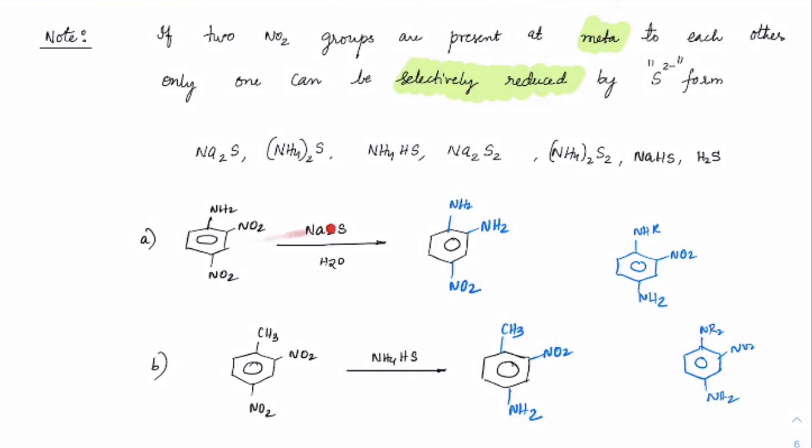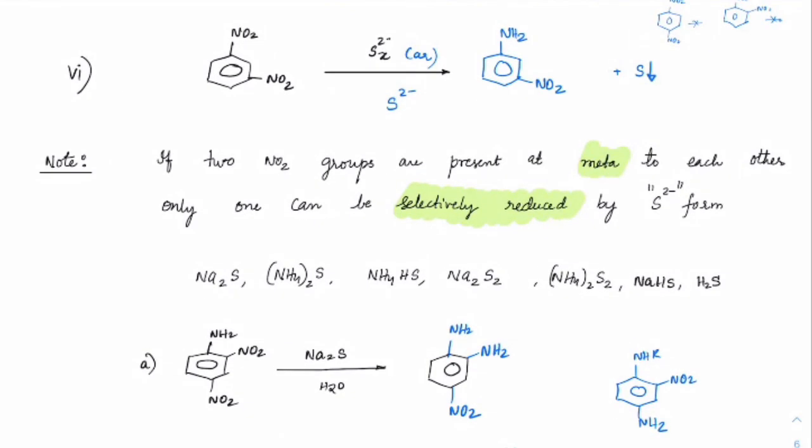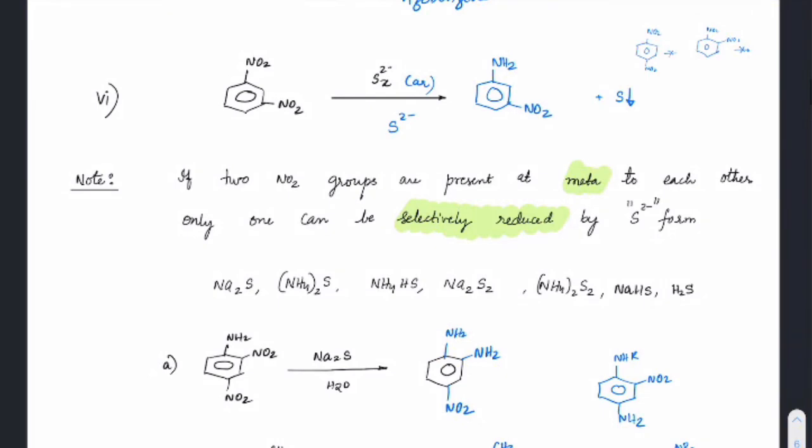So these are some donating groups which you will see. If it is methyl, then you will see it anyway at the para position. I hope you can remember that. So these three are selective reduction reactions. Directly you would be asked which part is to be reduced, and further it will be connected with diazonium salts. Okay. Everybody got these preparation reactions?